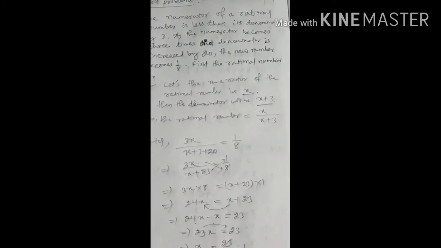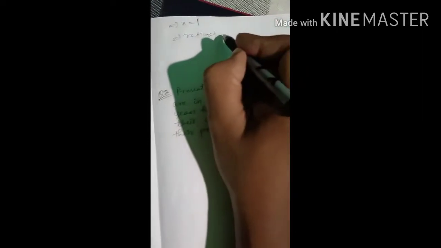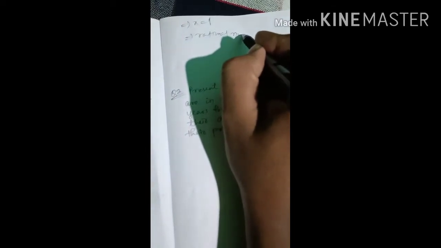We have taken the rational number as x by x plus 3, so the rational number is x by x plus 3, and in place of x we will write 1 as we have got, and x plus 3 will be 1 plus 3.